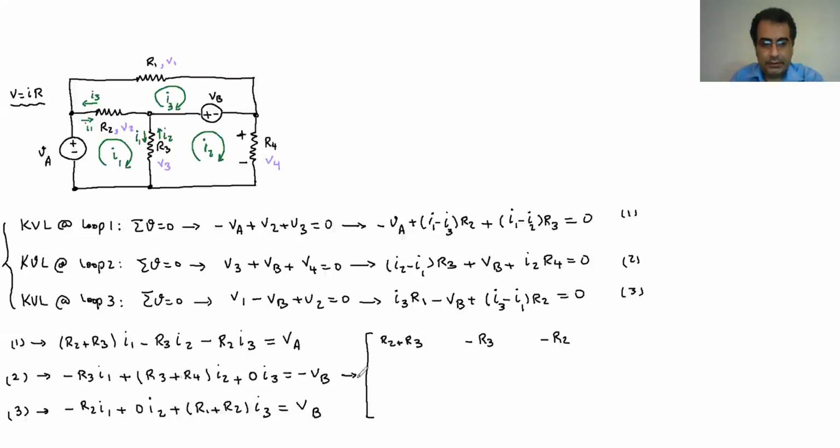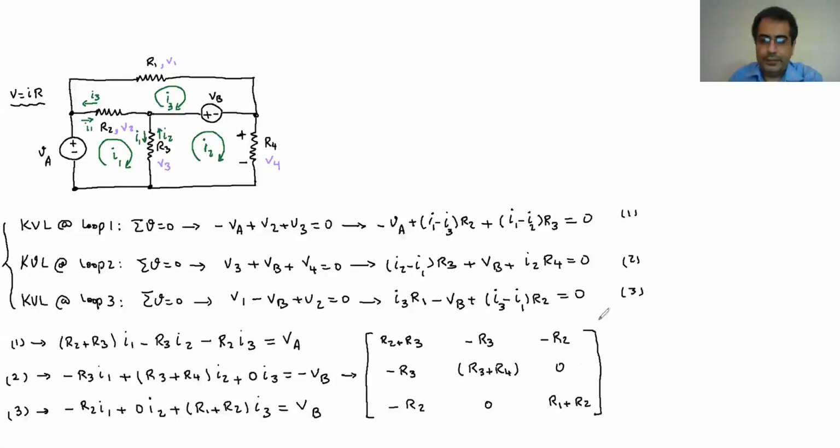For the second equation, I have negative R3, R3 plus R4, and then 0 here. Then for the last one, I have negative R2, 0 here, and R1 plus R2 here.